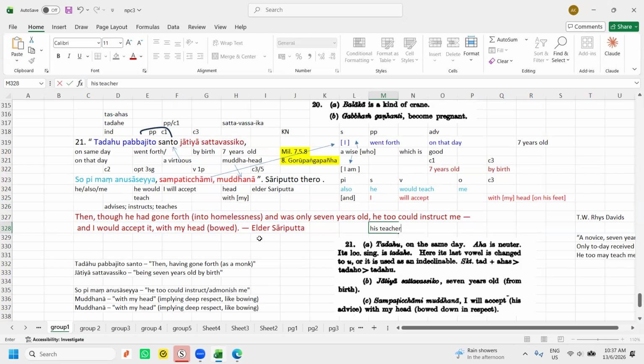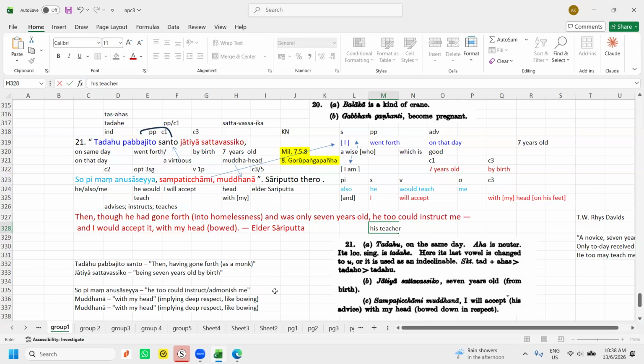Brother Alfred: This "he too could instruct me", is it talking about this 7 year old boy? I don't think he can instruct me. I don't think so, because Sariputta became a Buddhist after seeing Venerable Asaji.